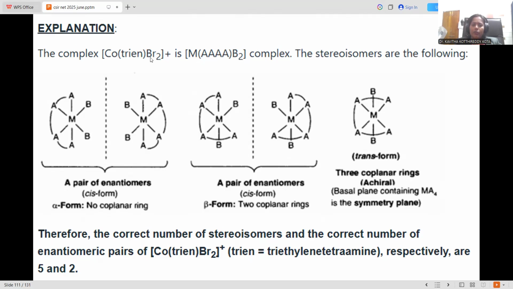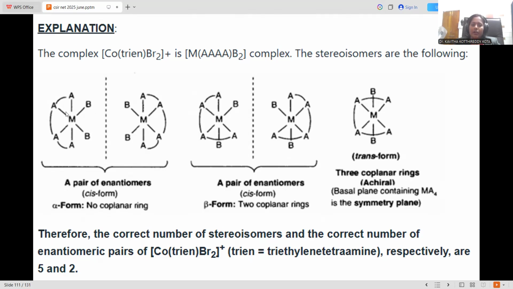Here we have two bromines. Bromine is a monodentate ligand, so each bromine is directly linked to the metal. Trien binds with the metal through four bonds, so it is a tetradentate ligand, and each bromine is a monodentate ligand.